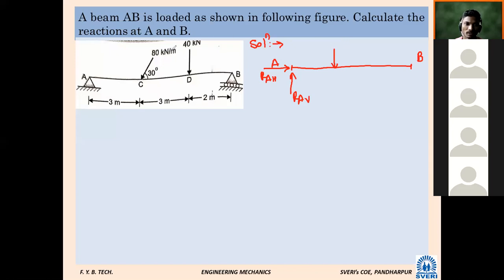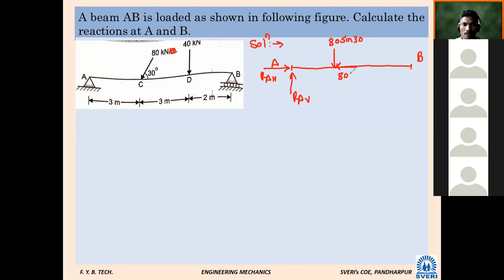Again here per meter is given. I don't know why it is given. It is wrong. 80 kilonewton, cos or sine? Sine 30.